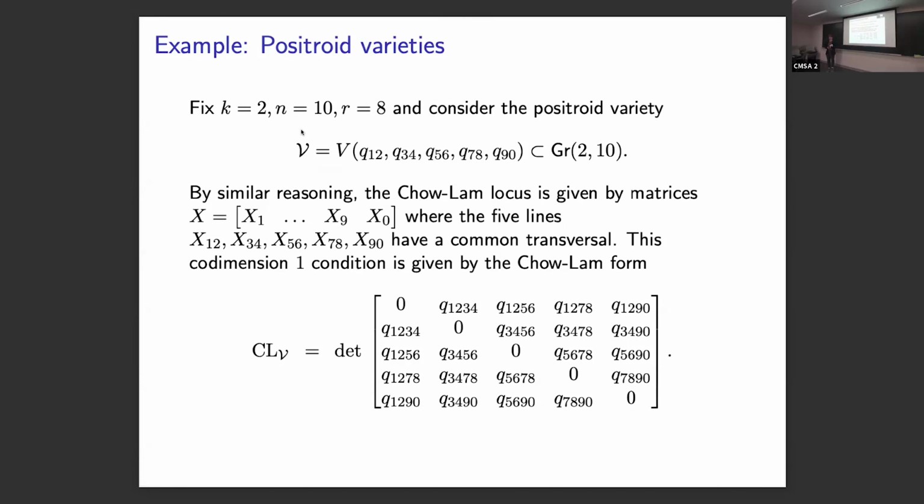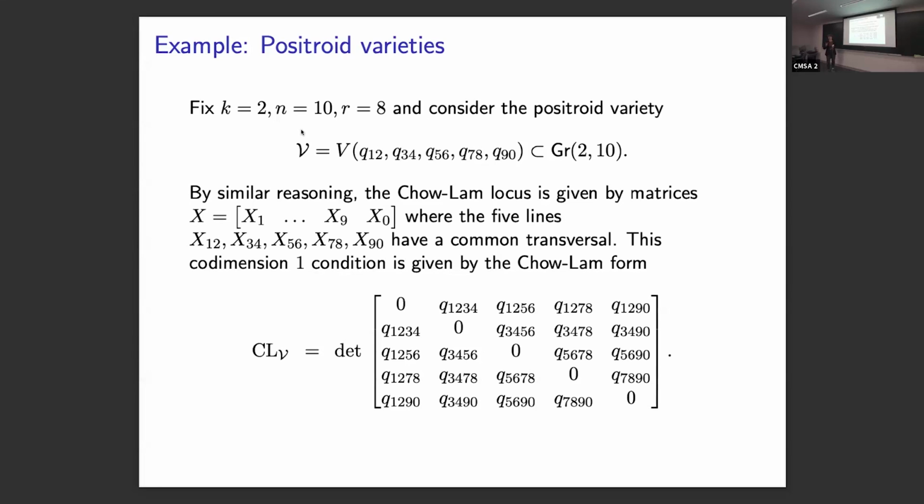To connect further to the themes of this conference, in case you have positroid varieties which are boundaries of positroid varieties that give tiles, then the Chow-Lam form is conjectured to be a cluster variable in the Grassmannian, where the Amplituhedra connects to the older story of cluster adjacency. And I was wondering whether there is any way to understand what class of polynomials you get out of these Chow-Lam forms in relation to cluster algebras and positivity. Yeah, let me make sure I understand.